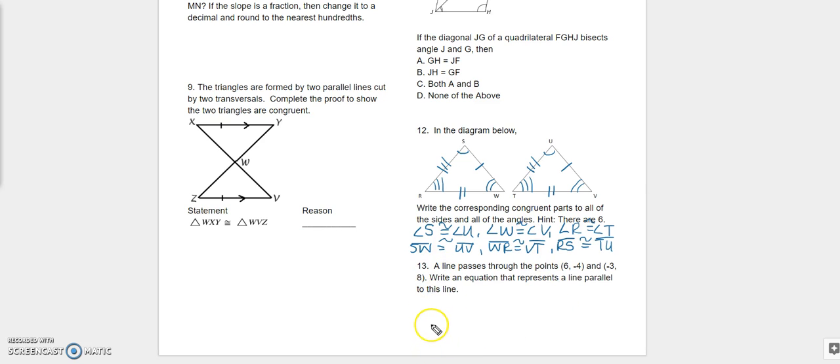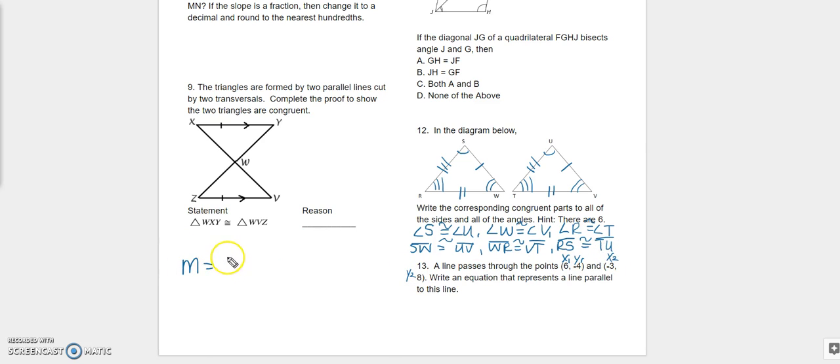Number 13, a line passes through the points (6, -4) and (-3, 8). Write an equation of the line that represents a line parallel to this one. Okay, well, I need to find my slope first. So m is going to equal, and 6 is x1, negative 4 is y1, negative 3 is x2, 8 is y2.